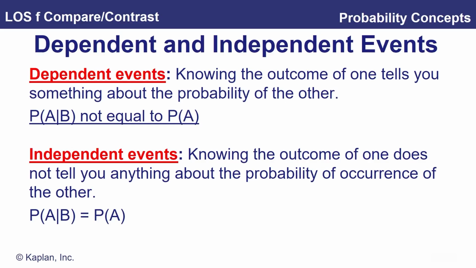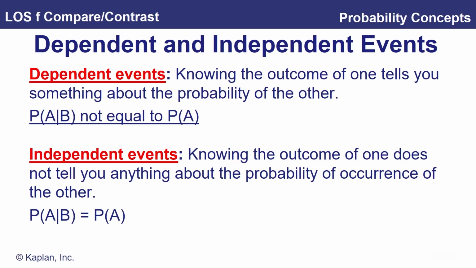So, for example, let's imagine we're looking at the first pick and we want to know what is the probability of picking a 12 and there's 50 balls in our lottery. The probability of picking a 12 is 1/50th. Now, let's imagine the second pick. Let's assume that 12 was not selected in the first pick and go on to the second pick. Now, what is the probability of picking 12? Well, there's only 49 balls left, so it's 1 in 49.